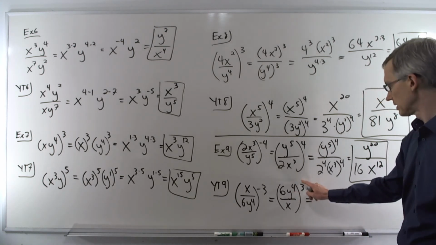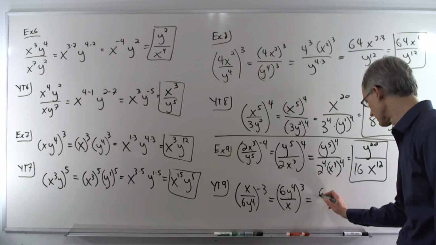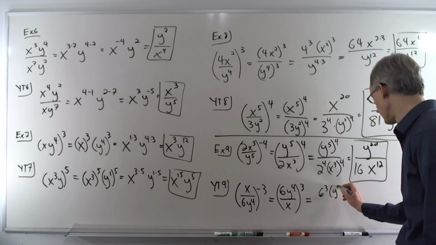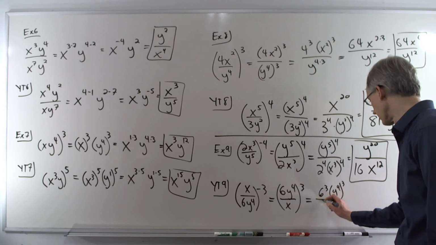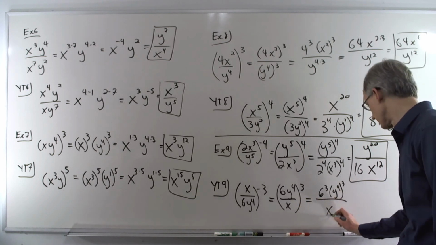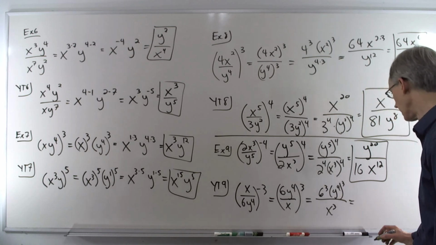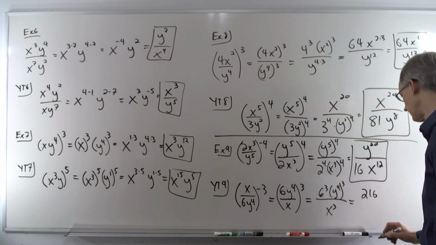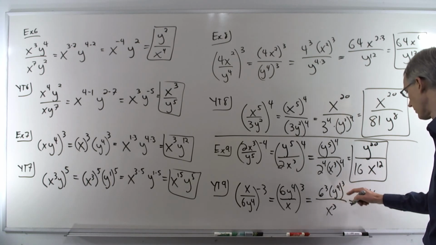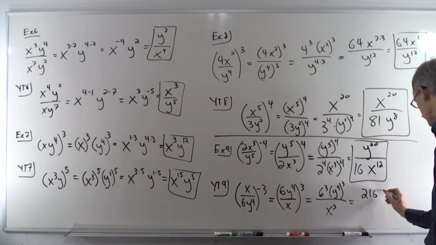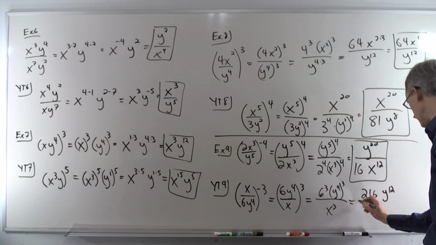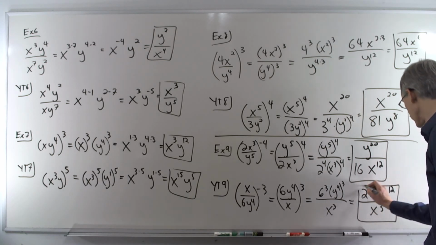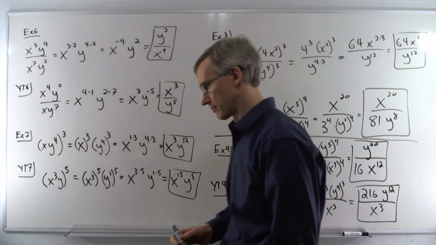Now we'll apply the 3 to the 6 first, 6 to the third, apply it to the y to the fourth, y to the fourth to the third, apply it to the x, x to the third. That gives us, let's see, 6 to the third, that's 216. Y to the 4 to the 3, that is y to the 4 times 3, or y to the 12th power, all over x to the third. 216, y to the 12th, over x to the third.